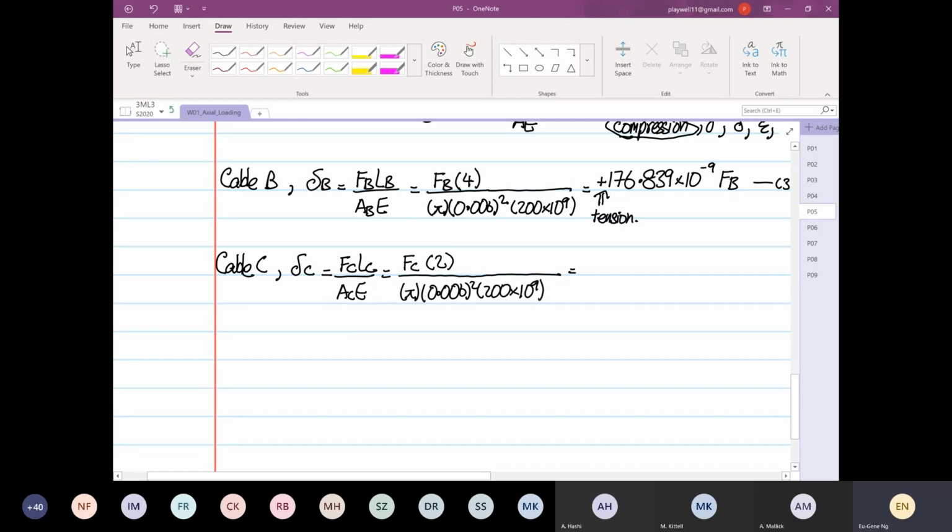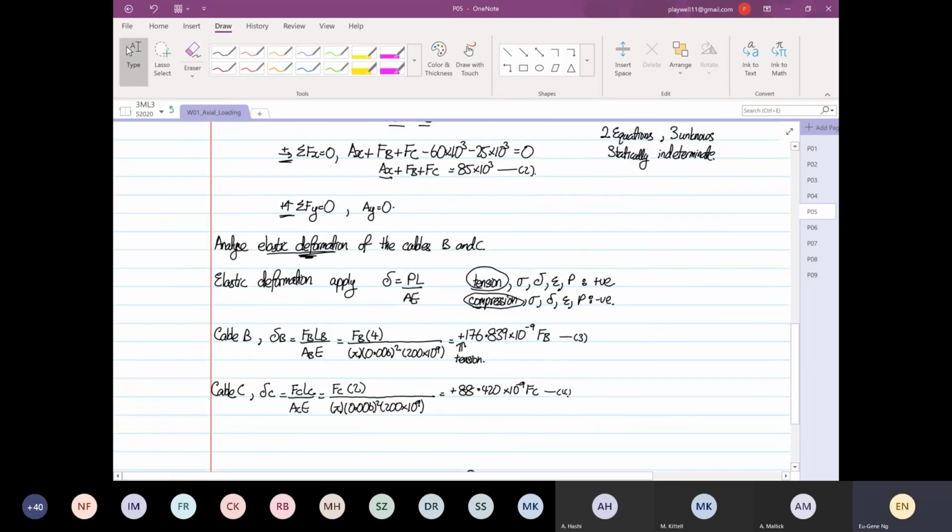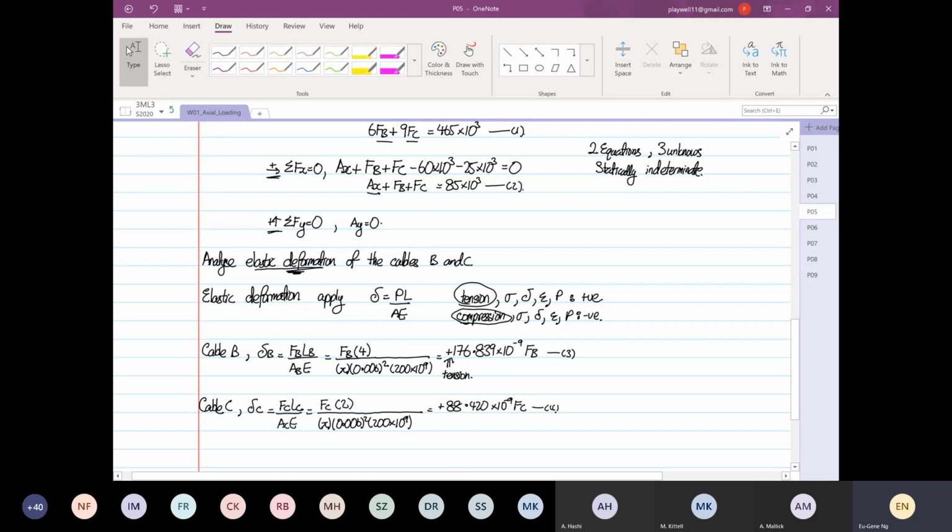So this will come out to be positive 88.42 times 10 to the power minus 9 FC. So this is not really good yet, yes or no? Why I say it's not really good is we have deflection now, but we have an equation relating deflection to what?